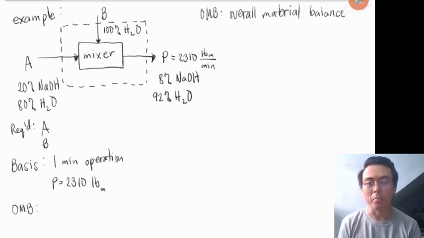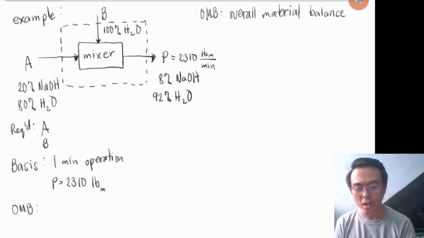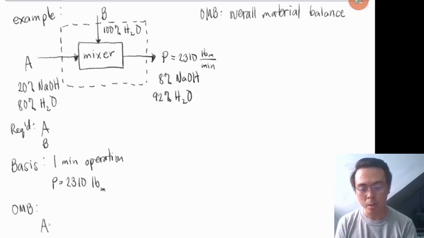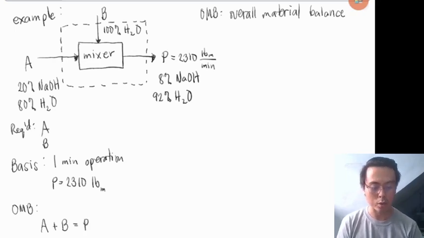The overall material balance is simply done by listing every stream that's going in and equating that to every stream that's going out. So it goes like this. The OMB for this process is A, which is coming in, plus B, which is also coming in, is equal to P, the only stream that is coming out.